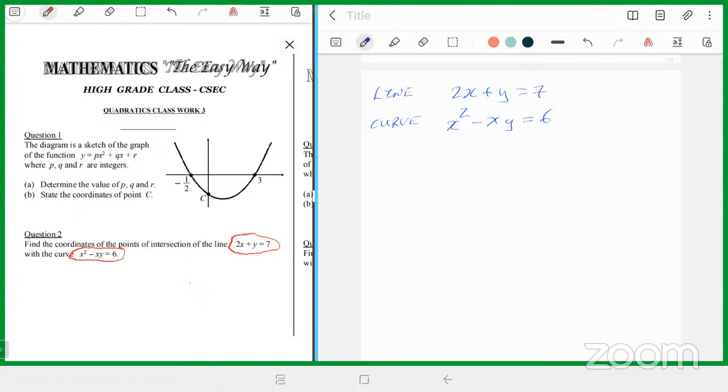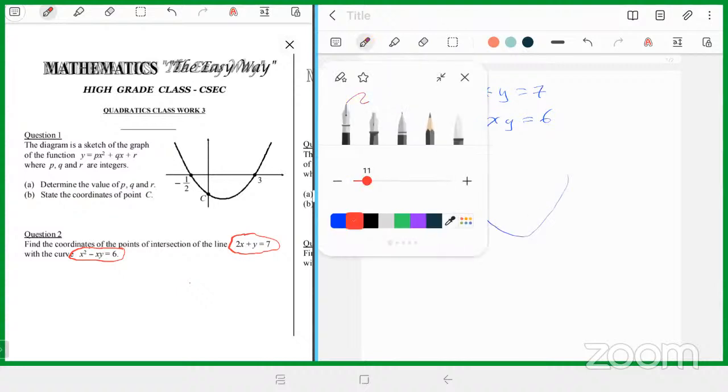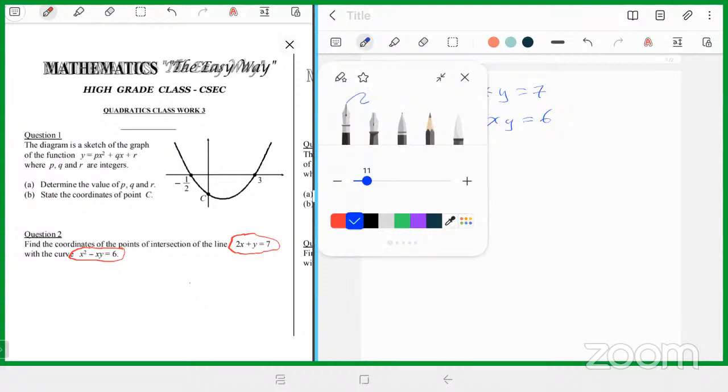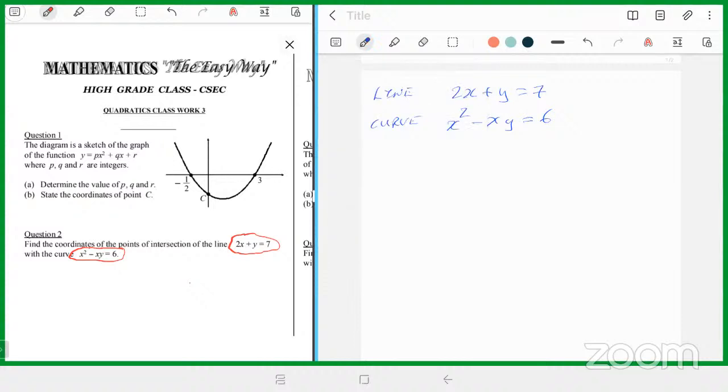That possibility exists. So, for example, you can have a curve like this and a line like this, and there are 3 points of intersection. But for the CSEC syllabus, when it's a line and a curve, they will only give you the types where there only exists a possibility for 2 points of intersection.